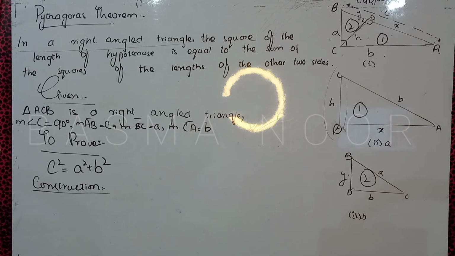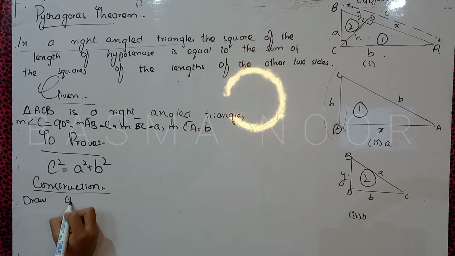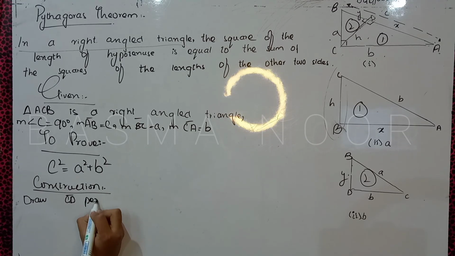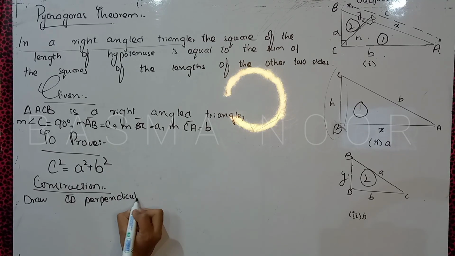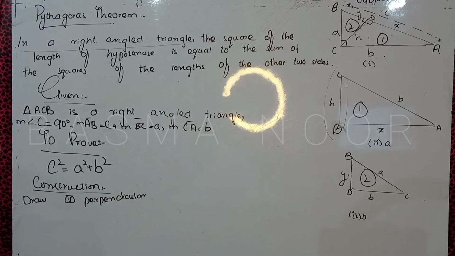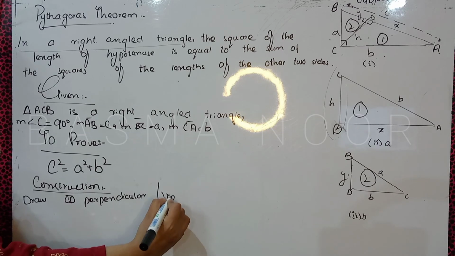So let me write this all in our construction work. Draw CD perpendicular from C on AB, which I explained to you very clearly.